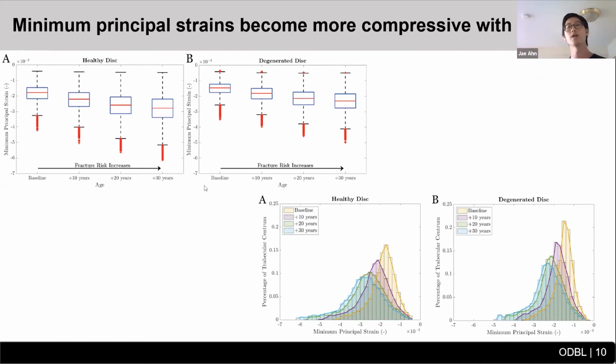But the key takeaway here is that if you have a disc loaded on top of a vertebra, and the disc happens to be degenerated, you actually see a decrease in the amount of pressure and compression it transmits to the vertebra below it, compared to a healthy disc, which transmits more pressure and compresses the vertebra more.